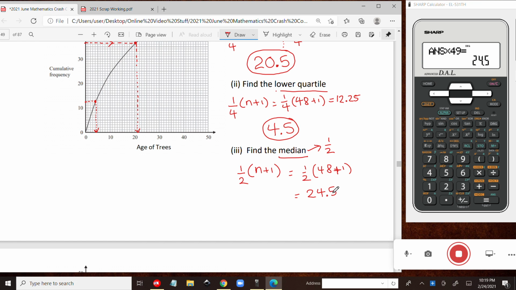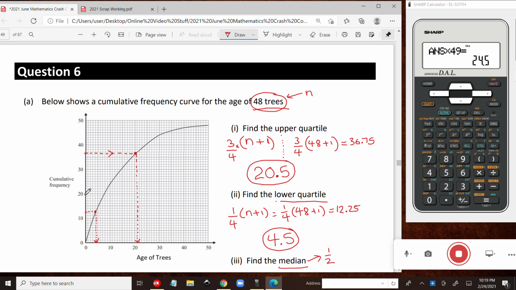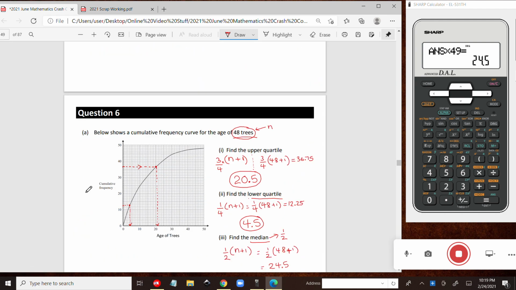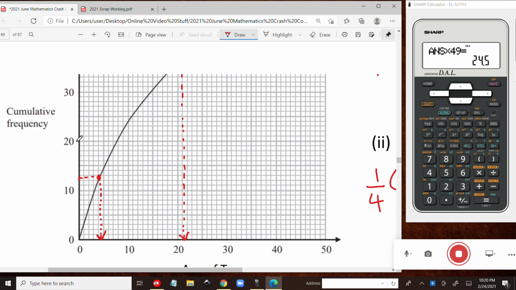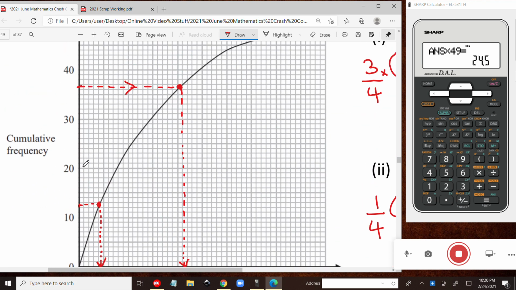Once again, this is not the median. We have to use the graph, we have to use the 24.5 to get the median. So let me zoom in here, guys. A little clunky, but we'll get there. 20, 21, 22, 23, 24, 25. 24.5 is in between the 24 and the 25.